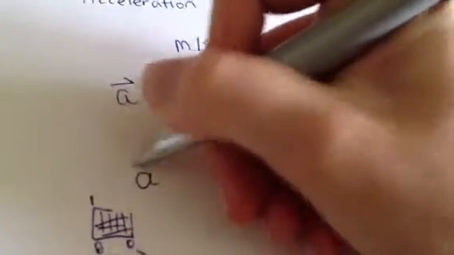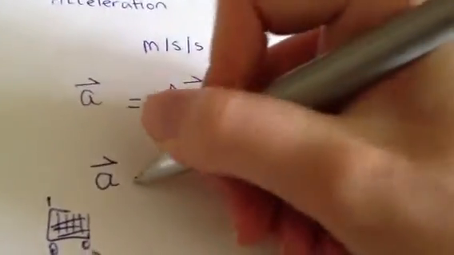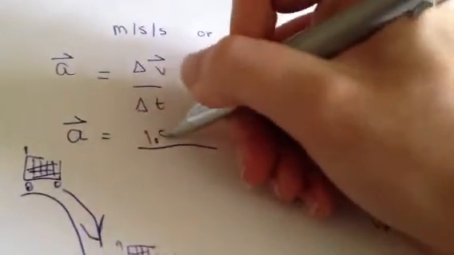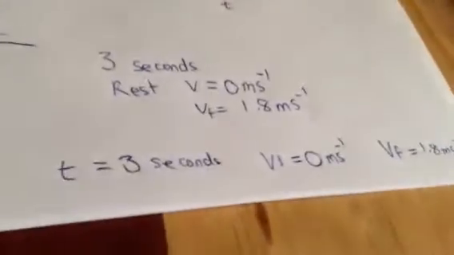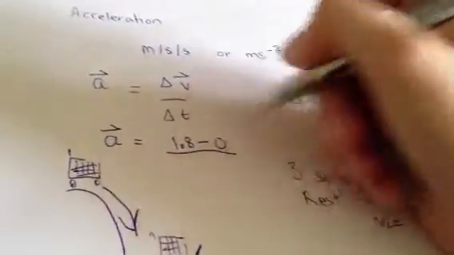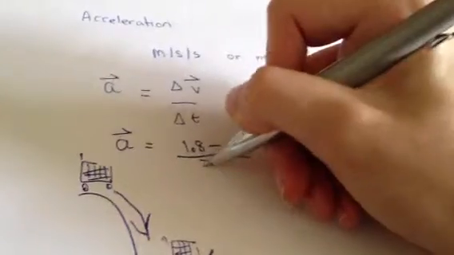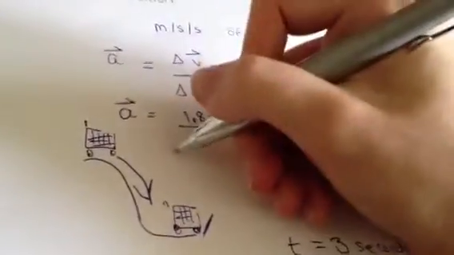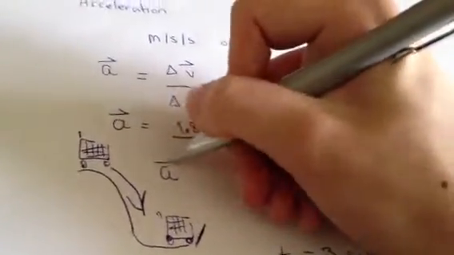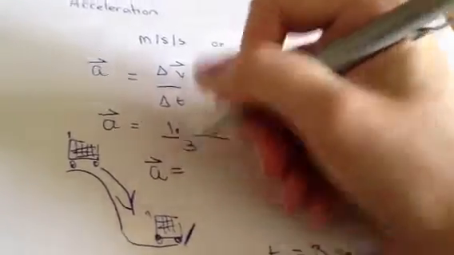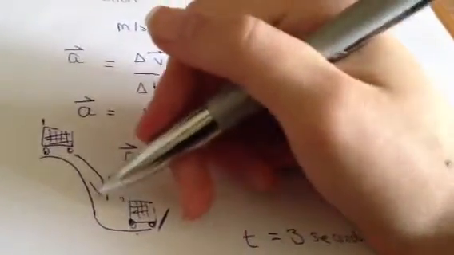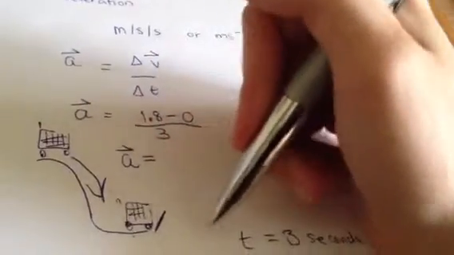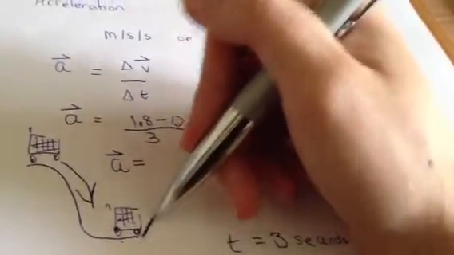So again, we have this formula, and we want to know acceleration. So again, it's the final velocity, which is 1.8, subtract the initial velocity, which is 0, all over 3. So now, with acceleration, and let's just say that this trolley isn't actually decelerating, it keeps increasing as it's going. This is just a point where we want to measure to.